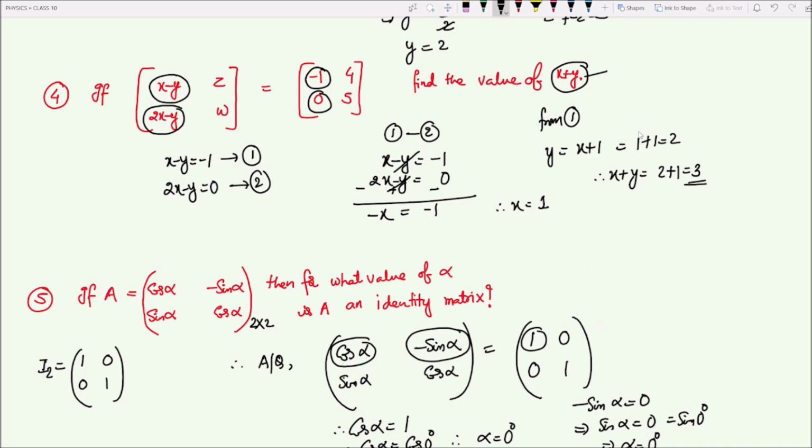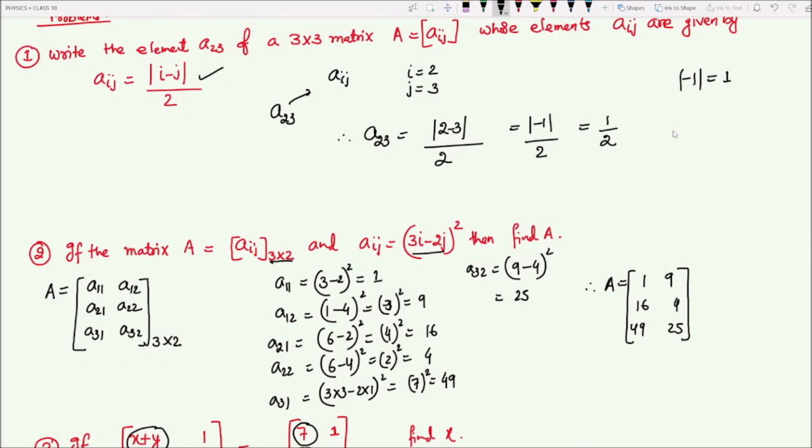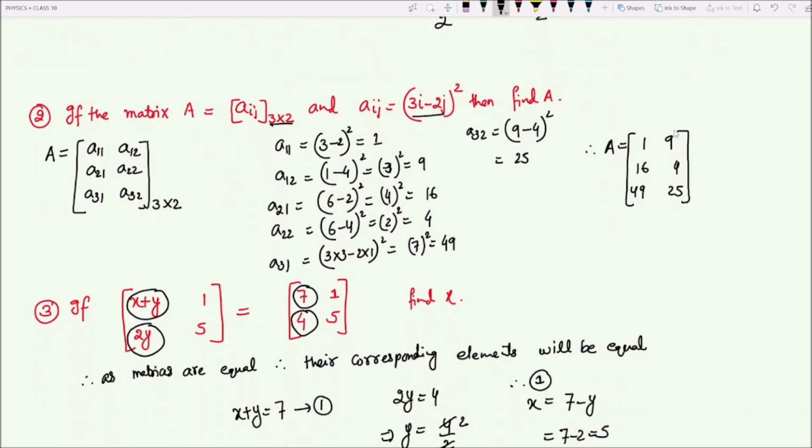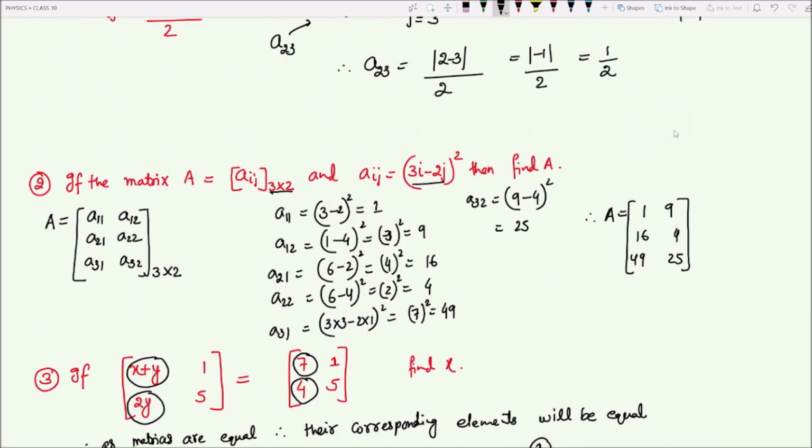Now as we have seen here, we can solve different types of matrix problems, as discussed in lectures 1 and 2, very easily using the properties. Now we have just finished the types of matrices and some problems related to matrices.